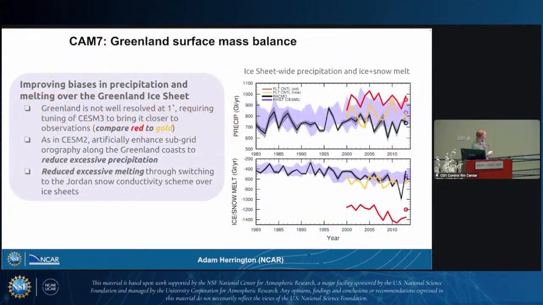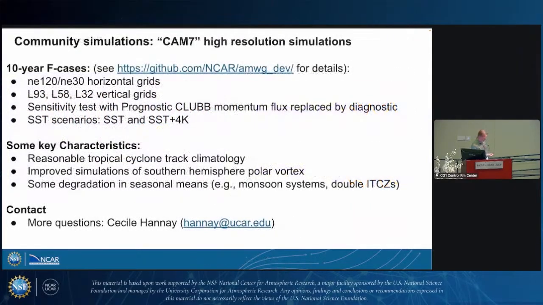He also showed this slide from Adam Harrington on the Greenland mass balance. But I would like to highlight this. We spent a lot of core hours before AGU last year running quarter degree simulations, and we would like to make the community aware that this data is available. We ran the high top and the low top version, also reverted to the CAM5 vertical grids.